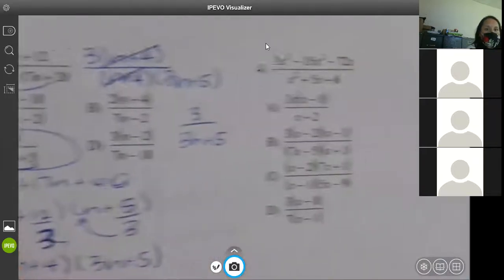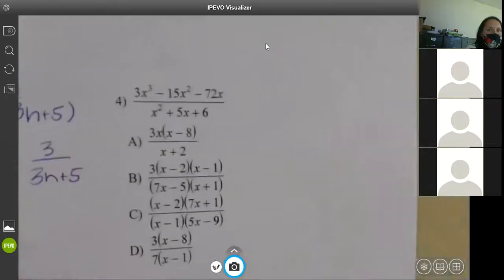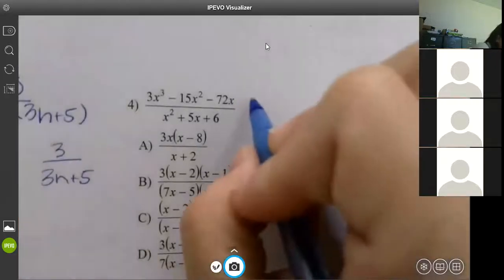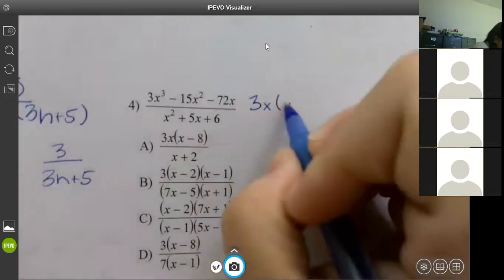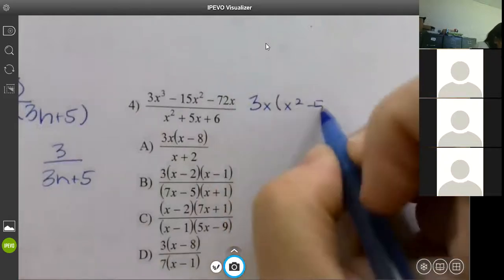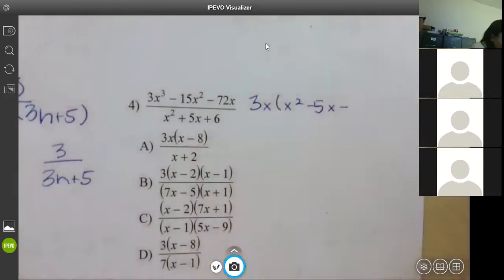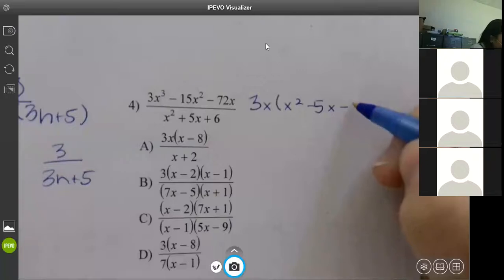All right, number 4. What do I do on the top? GCF of 3x. Good. Leaves me with x squared minus 5x minus 72 divided by 3 is? Good.